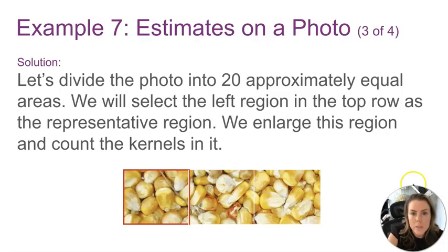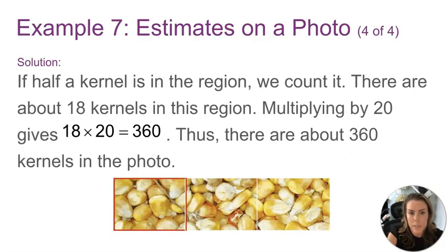So those little pieces. So we have about 18. Okay, so each one might have about 18. And so when we see 18 and there's 20 of those squares, we would do 18 times 20 is about 360. So we would say there's about 360 kernels in this photo. And that's give or take, you could have gotten 16, maybe 20, and so on. So your approximate answer could be different, but it would still be about the same.